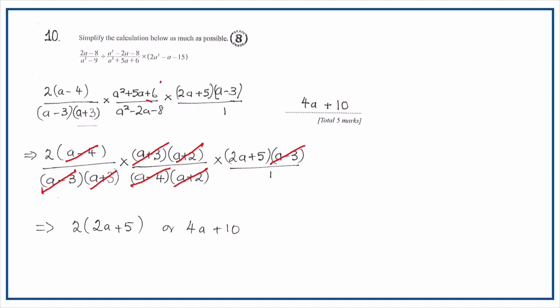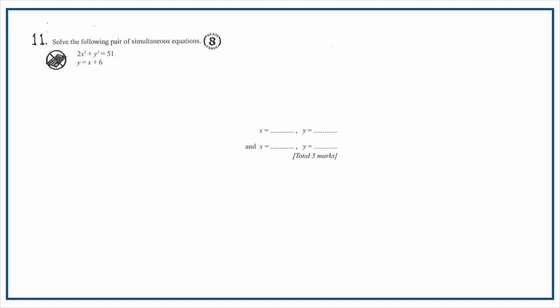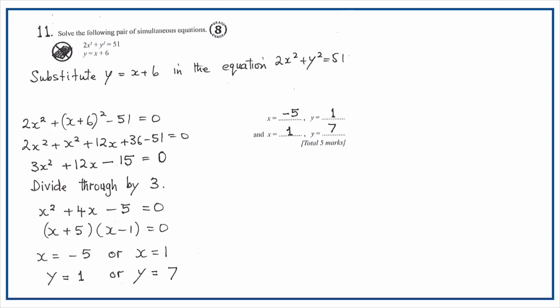Question 11, solve the following pair of simultaneous equations. 2x squared plus y squared equals 51 and y equals x plus 6. Well, here we substitute y equals x plus 6 in the equation 2x squared plus y squared equals 51.